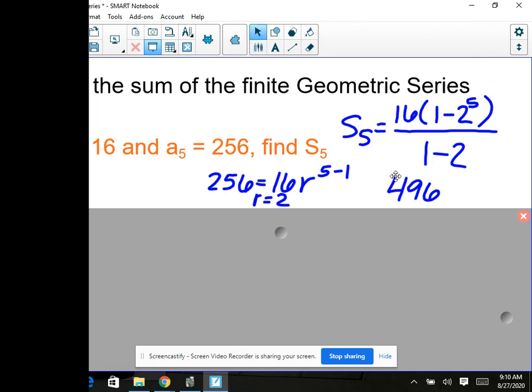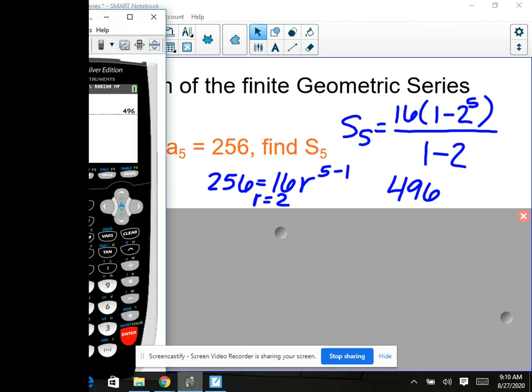If you are using a calculator that is older and doesn't have that feature, when you're plugging this in, make sure you're telling your calculator, this is my numerator by using parentheses, divided by this is my denominator.